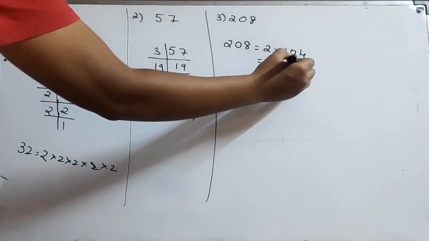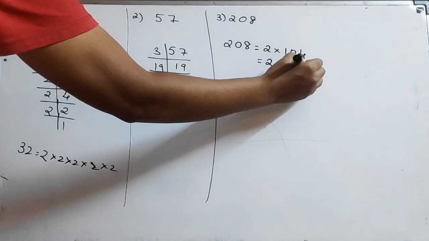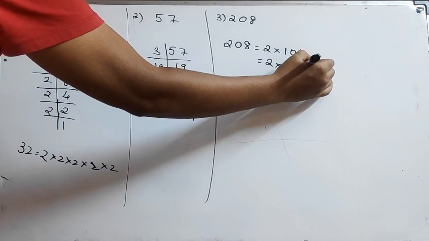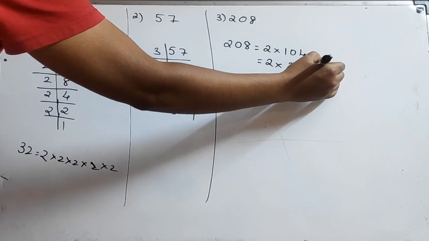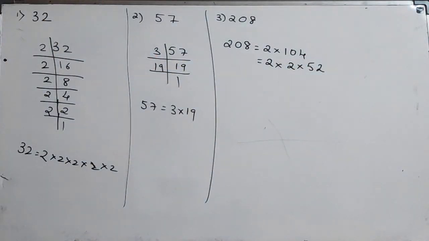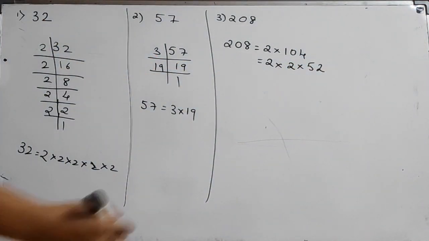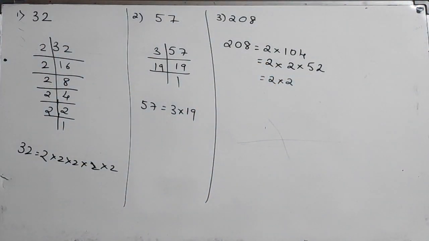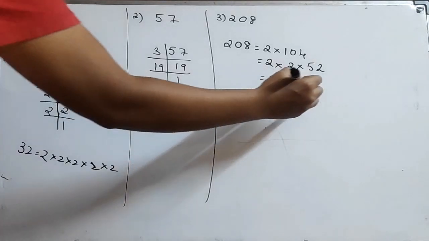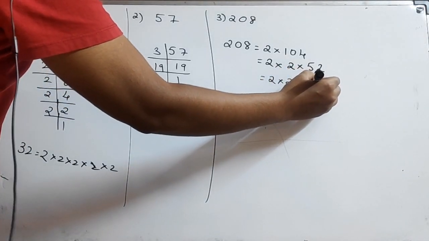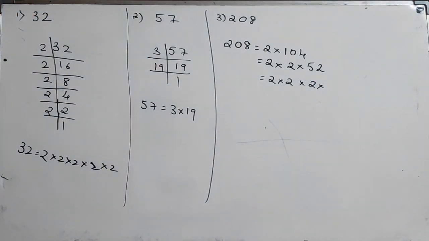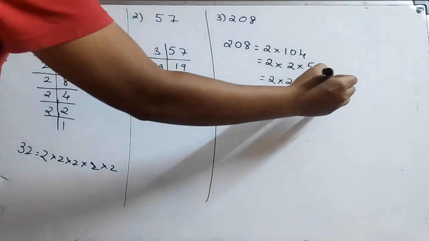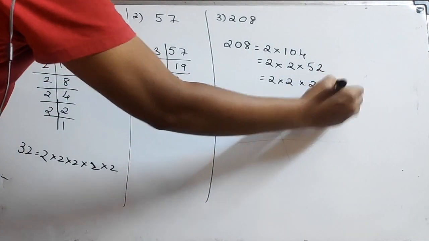104 can be written as 2 multiplied by 52. Again 2 and 2 are prime numbers. Now 52 is a composite number. 52 can be written as 2 multiplied by 26.